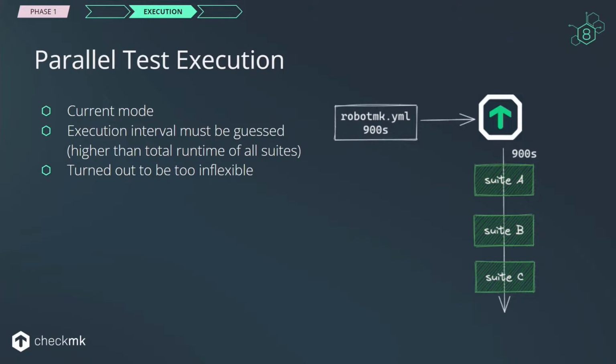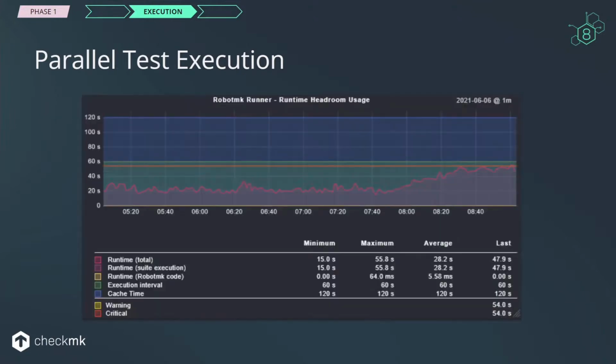It must always be set higher with a certain headroom, and it turned out to be too inflexible. RobotMK provides you a graph which shows the total execution runtime and how you are approaching the execution interval, but sooner or later the day will come when it fails, and RobotMK can't handle parallel executions of itself.